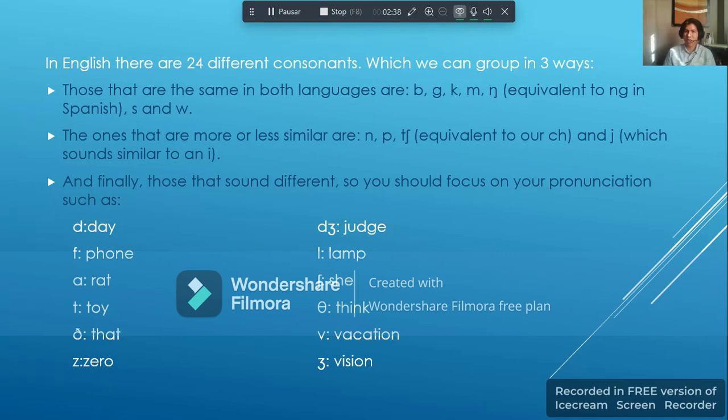Those that are the same in both languages, like R, B, G, K, M, and the ones that are more or less similar, which are N, P, and F. And finally, to notice some differences, we need to focus on our pronunciation, like the words in the image: they, F, phone, rat, toy, that, zero, judge, land, she, think, vacation, vision.